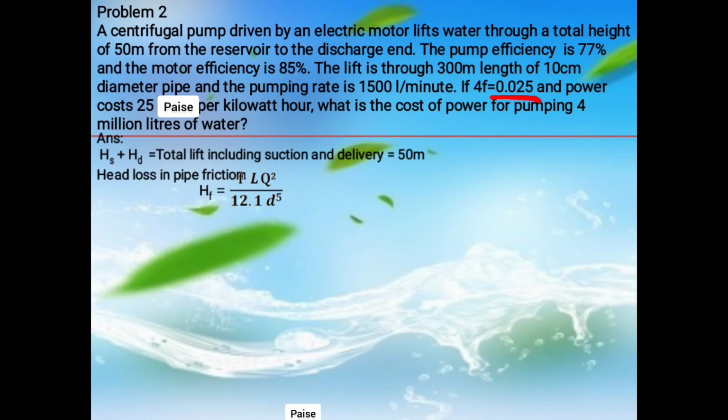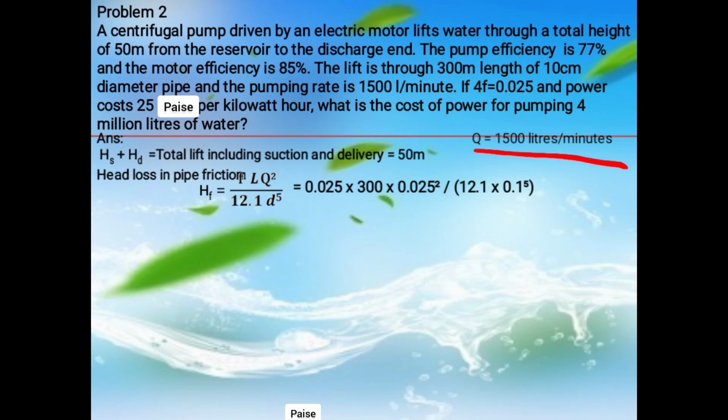F dash 0.025 into L 300 into Q is the discharge or the quantity of water to be pumped. That is, the pumping rate is 1500 liters per minute. That equal to 1500 divided by, convert this liter into meter cube, divided by 1000, then minute to second.